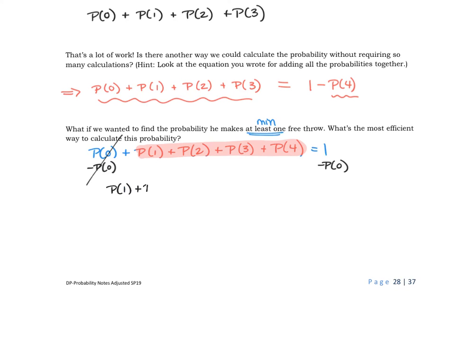You will find that the probability of making at least 1 free throw, so from 1 to 4 free throws, is the same as taking 1 minus the probability that you make 0 free throws. What is the most efficient way to make that calculation? Well, if you're going for most efficient, you're going to want to do 1 minus the probability of no free throws. That is definitely going to be the most efficient way to go about this scenario.